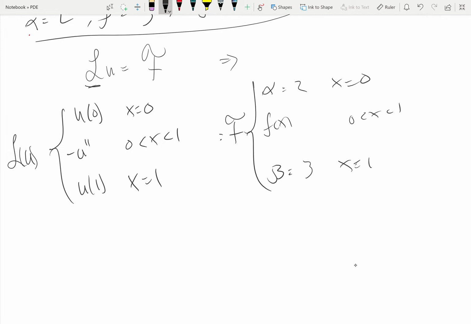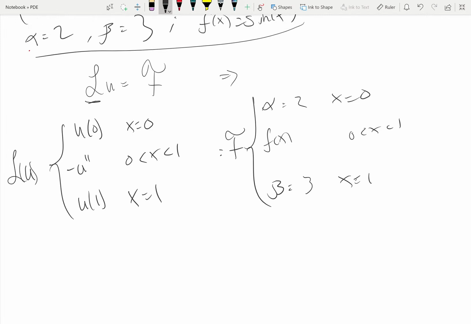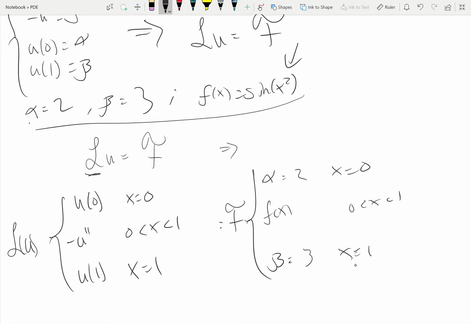So on the left hand side we have u of 0 when x is equal to 0, because that's what u of x is, 0 here. And then we have negative u double prime for any value between 0 and 1, but not including the endpoints. And then u of 1 when x is equal to 1. That's because it's u of x.